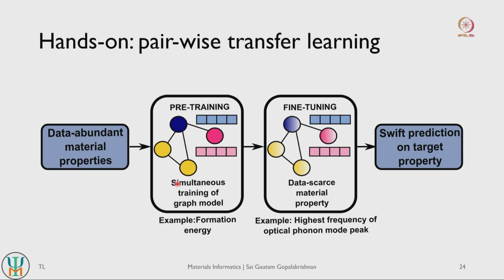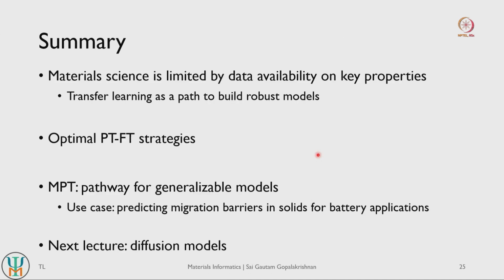So we will use the actual Align architecture, but we will do a simple pairwise transfer learning exercise. So once you understand how this pairwise transfer learning exercise is done, you can then go about doing modifications, introducing MPT, and then using it for other data sets as well. With that, we will summarize and close this lecture.